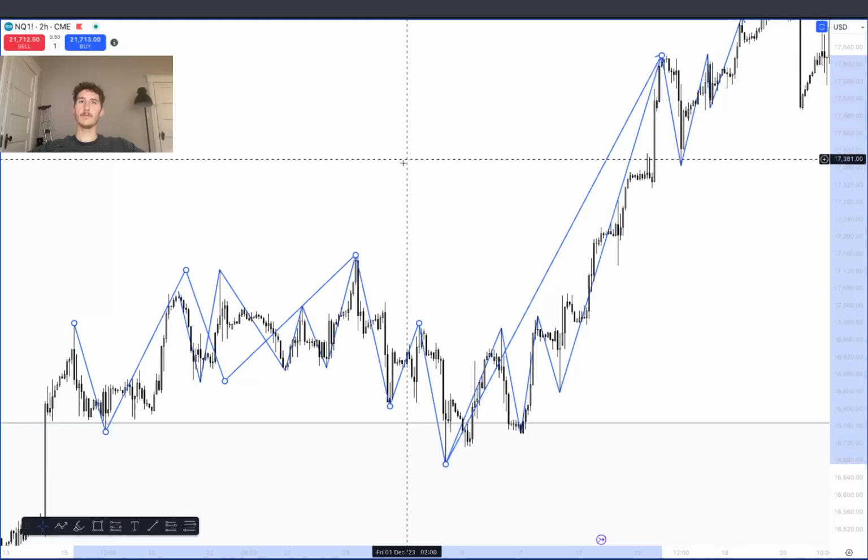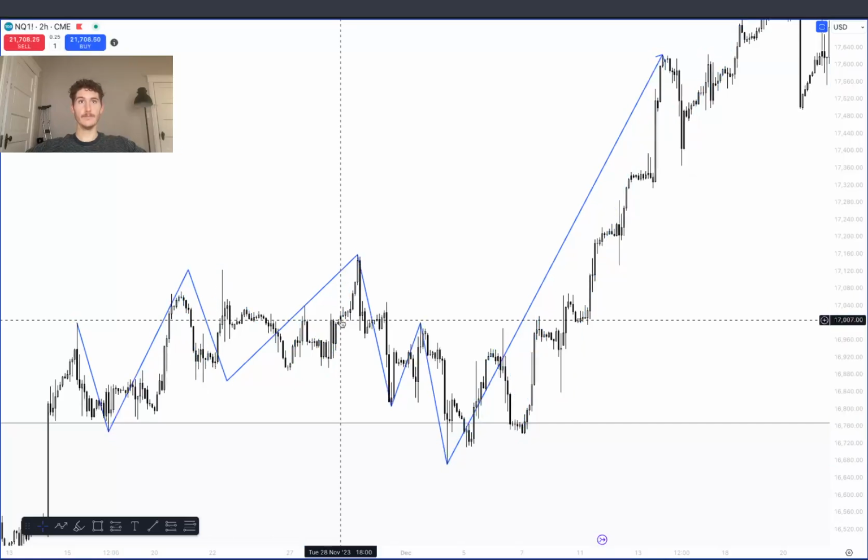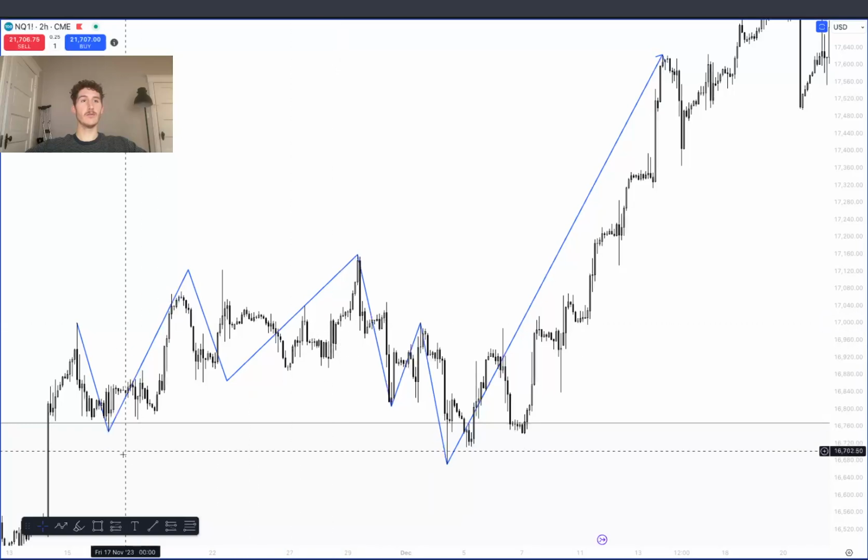Now I'm going to delete the candlestick structure because it's not important when identifying total overall market structure. It's only important for identifying external highs or external lows in trend. And boom, now we've gotten rid of it.